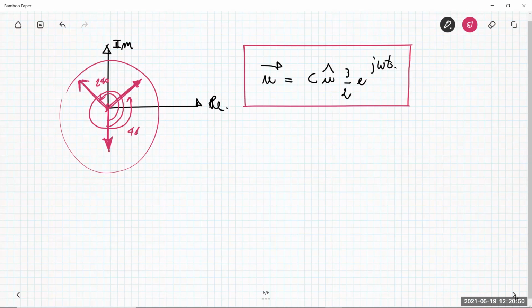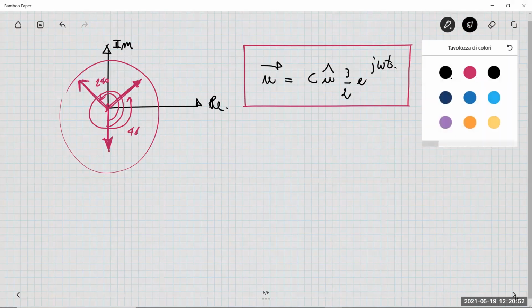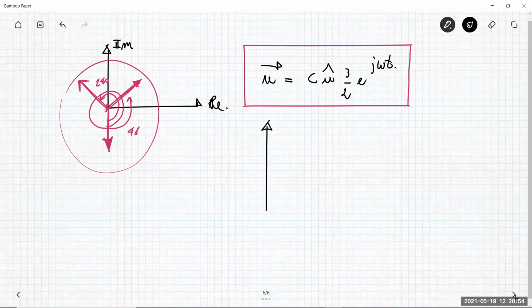Look at this space vector. We can represent this space vector in the complex plane. So you have the real axis and the imaginary axis. We transform our three-phase system into a vector, and this vector depends on t.